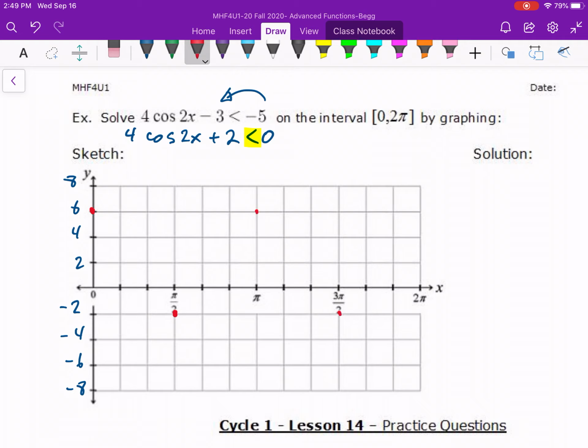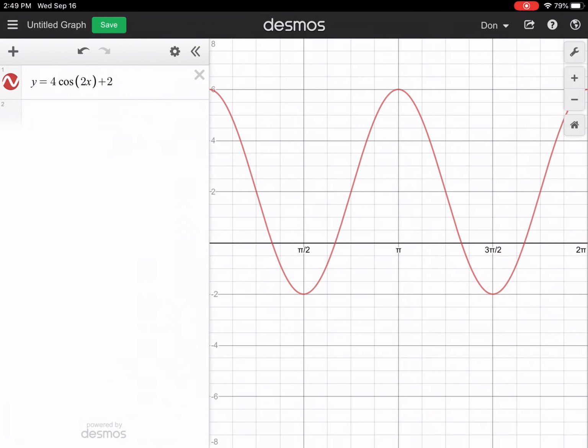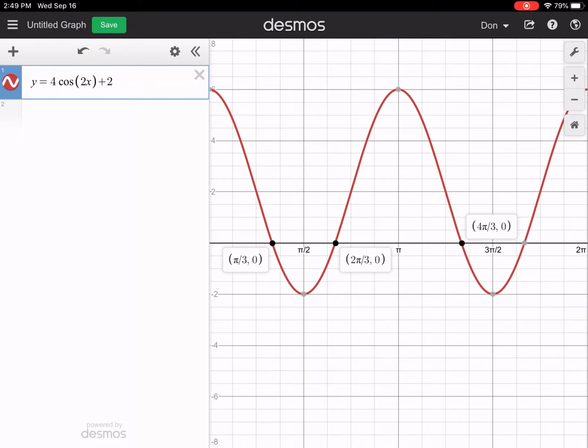And it oscillated back and forth between those maximum and minimum points. There's our graph, there's our shape. So, first we want to look for the x-intercepts. X-intercepts come at pi/3, 2 pi/3, 4 pi/3, and 5 pi/3.